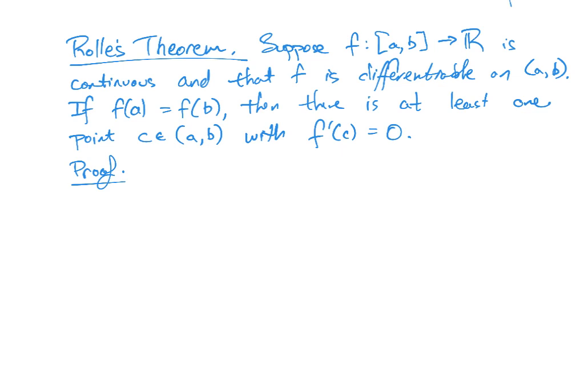Okay. Now, this is going to come together really quick from all the things we've proved. We already mentioned this once today. By the maximum minimum theorem, f is a continuous function on a closed and bounded interval.